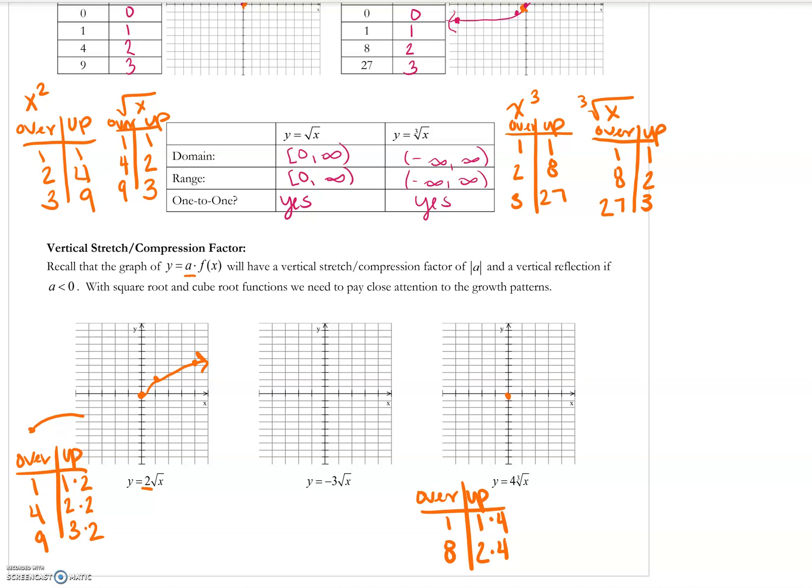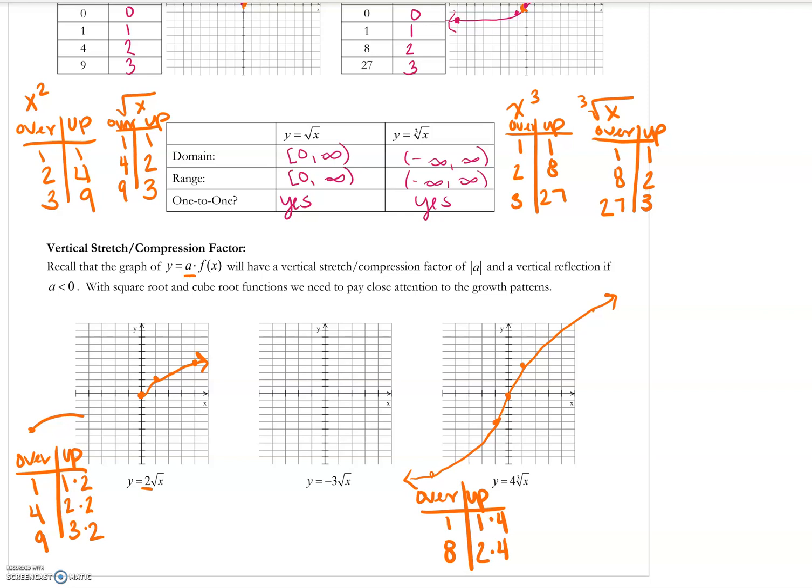So if I start at my point of inflection, I would go over 1 and up 4 spaces, 1, 2, 3, 4, and over 8, up 8 spaces, which I don't have room to do, but I know it would be somewhere over here. Then I go the opposite direction, left 1 and down 4. Opposite direction, over 8 and down 8 would be something like this.